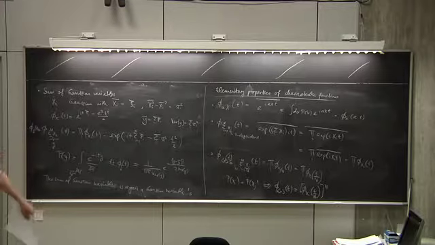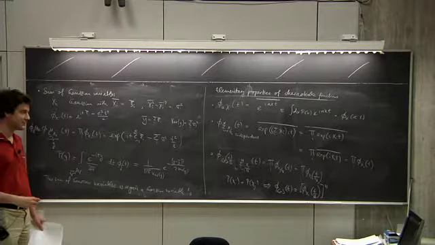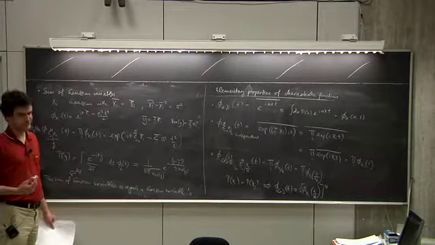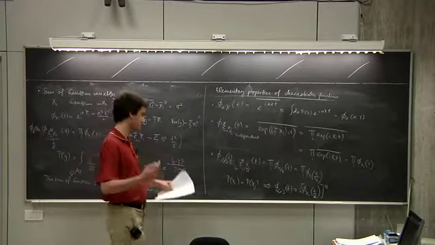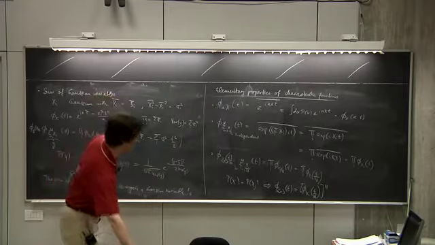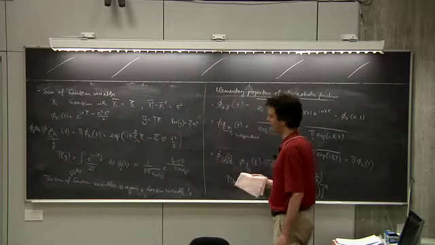What about the difference of two Gaussian variables? Yes. Because minus a Gaussian variable is also a Gaussian variable. So a minus b is like a plus minus b. And so this is also Gaussian.